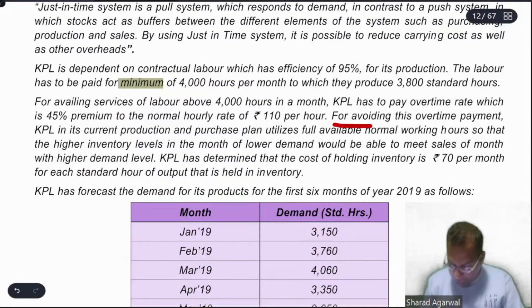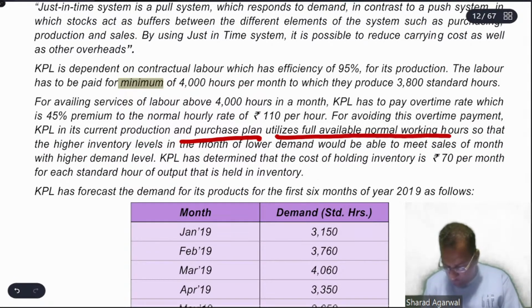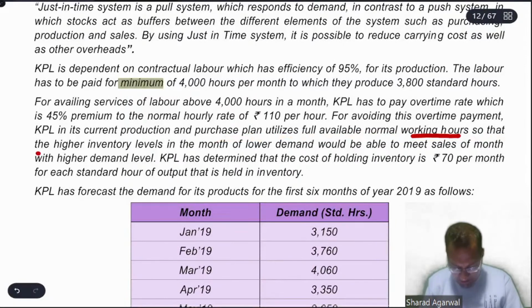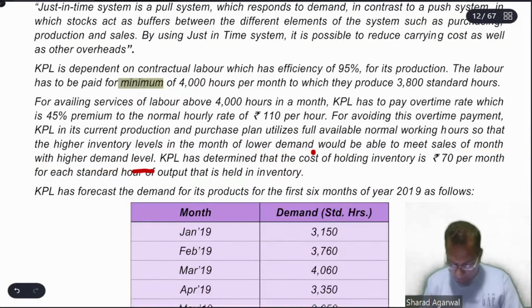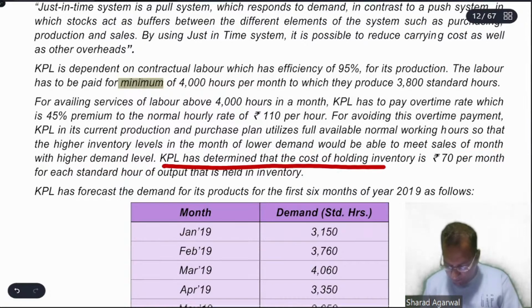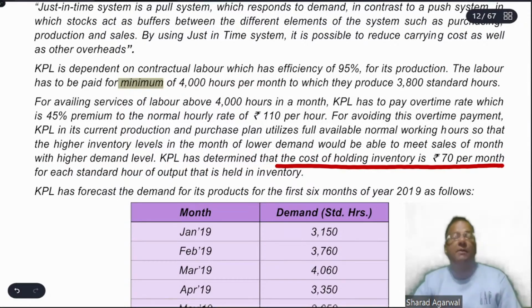For avoiding this overtime payment, the company in its current production and purchase plan utilizes full available normal working hours so that the higher inventory level in the month of lower demand would be able to meet sales of the month with higher demand level. The company has determined that the cost of holding inventory is 70 per month.